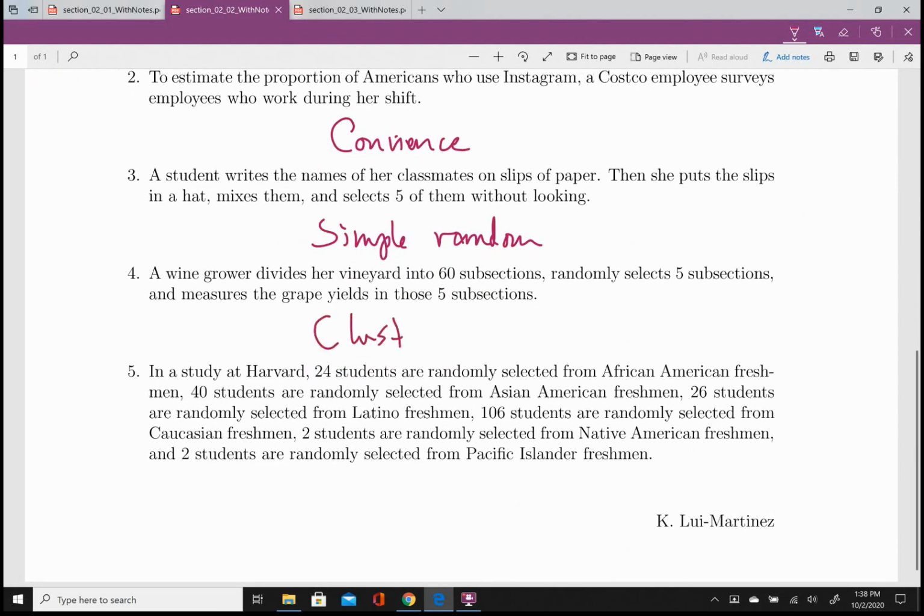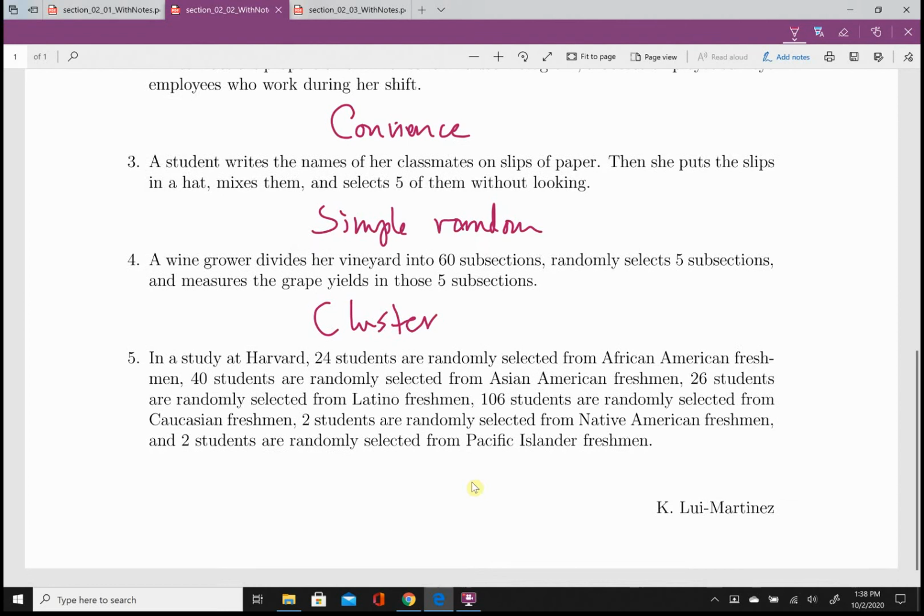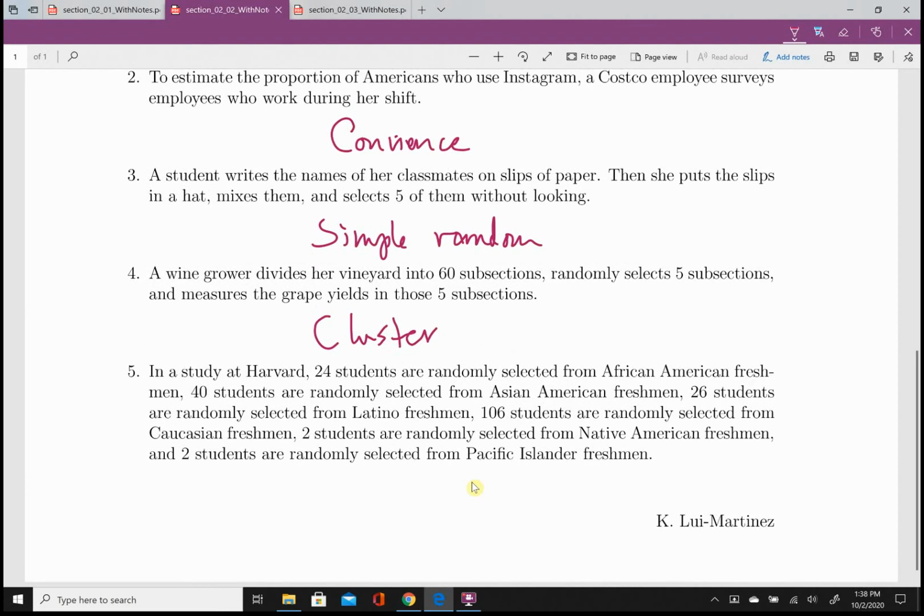Cluster. You could, at this point, use process of elimination to determine that stratified has to be the last one there, but let's read through the example and make sure that we can convince ourselves that this is indeed a stratified sampling scenario. And number 5, in a study at Harvard, 24 students are randomly selected from African American freshmen, 40 students are randomly selected from Asian American freshmen, 26 students are randomly selected from Latino freshmen, 106 students are randomly selected from Caucasian freshmen, 2 students are randomly selected from Native American freshmen, and 2 students are randomly selected from Pacific Islander freshmen.